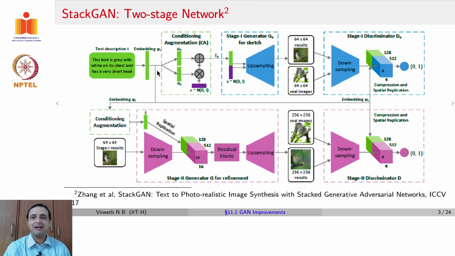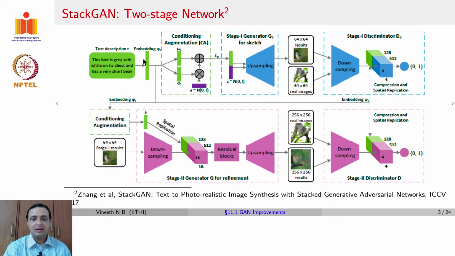Let's see the entire architecture now. So you have the text description, which is given as input to the entire StackGAN. In this particular example, the text description reads, "This bird is grey with white on its chest and has a very short beak." So you obtain an embedding of this text, as I just mentioned, using say word-to-vec or GloVe or BERT or any other embedding of your choice.